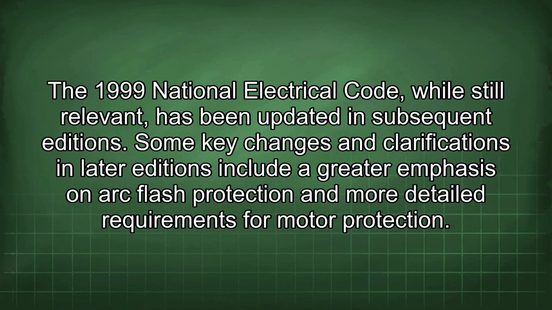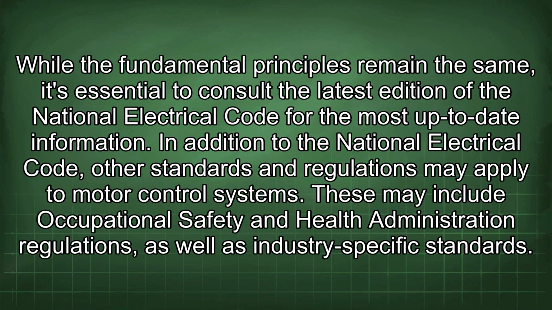The 1999 National Electrical Code, while still relevant, has been updated in subsequent editions. Some key changes and clarifications in later editions include a greater emphasis on arc flash protection and more detailed requirements for motor protection. While the fundamental principles remain the same, it's essential to consult the latest edition of the National Electrical Code for the most up-to-date information.